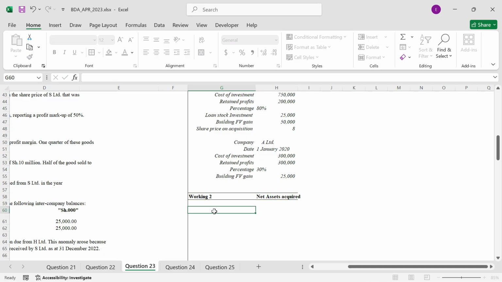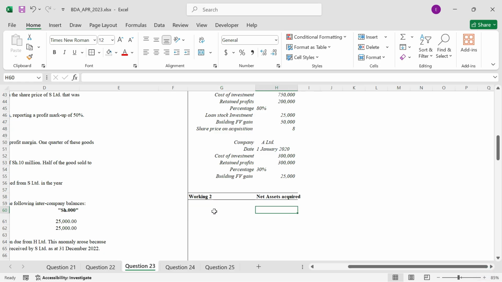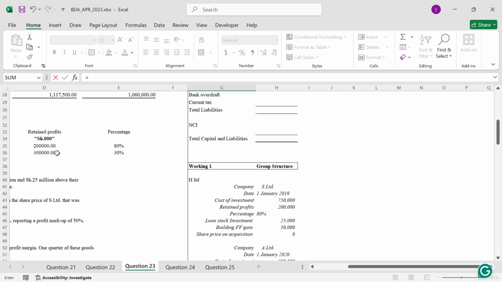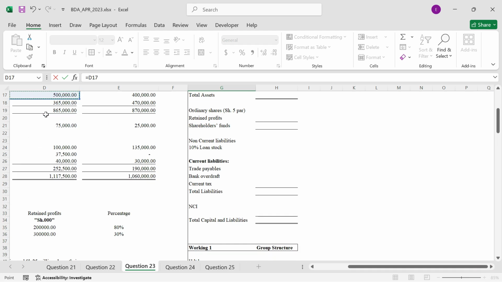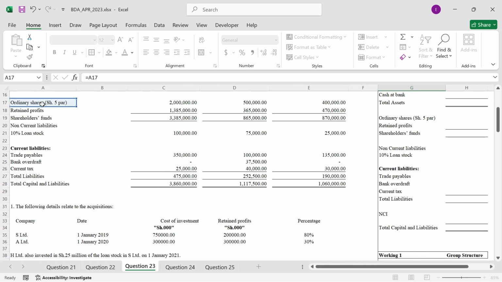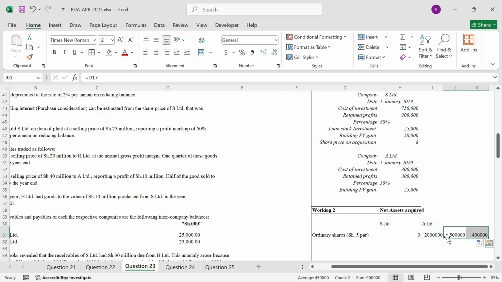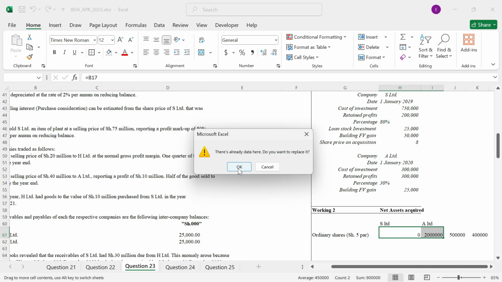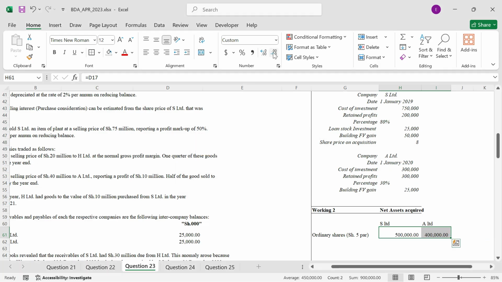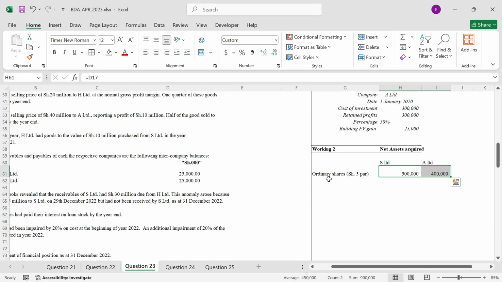So I'll have this for both S and A. We have the ordinary shares for S and A: 500,000 and 400,000.